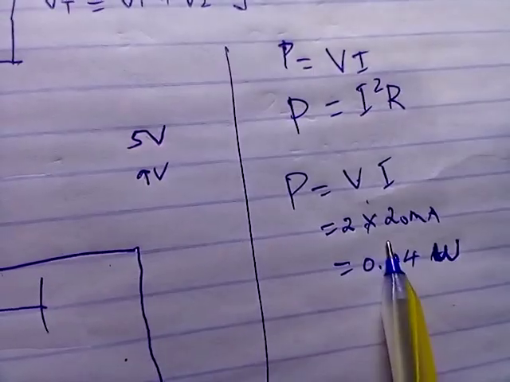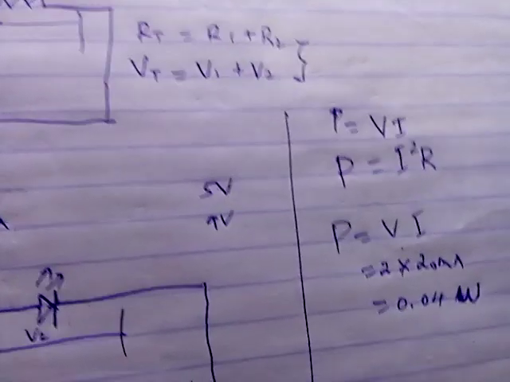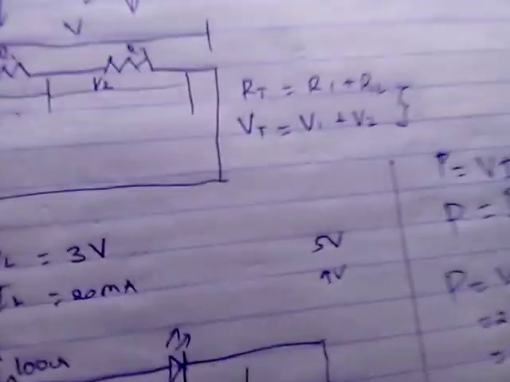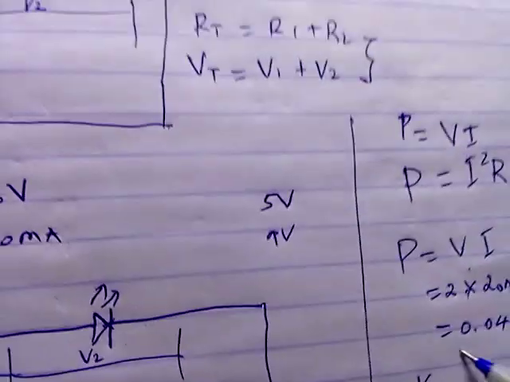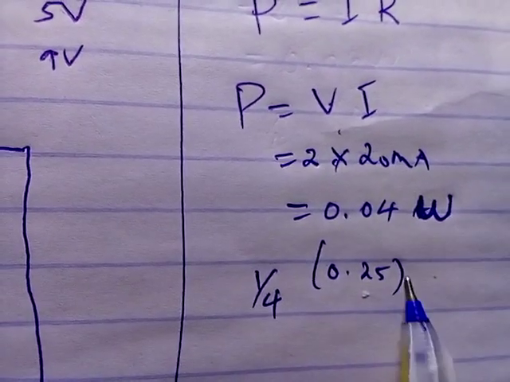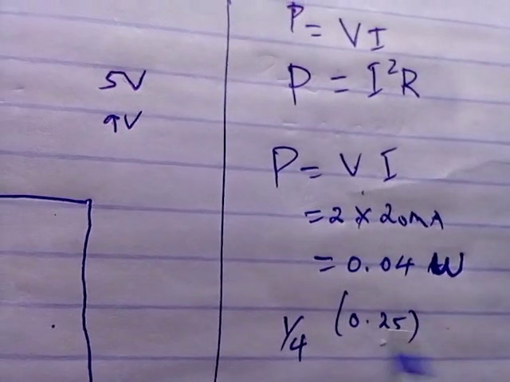So this is the power dissipated in that resistor. You should know that a normal resistor is a quarter watt, which is equal to 0.25. So 0.04 is below 0.25, so we are going to use a normal resistor.